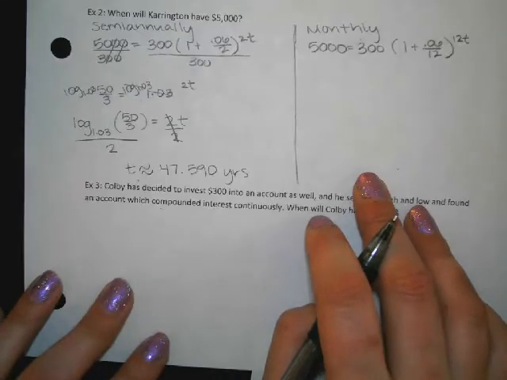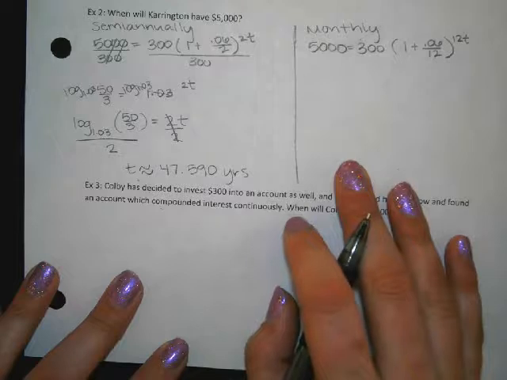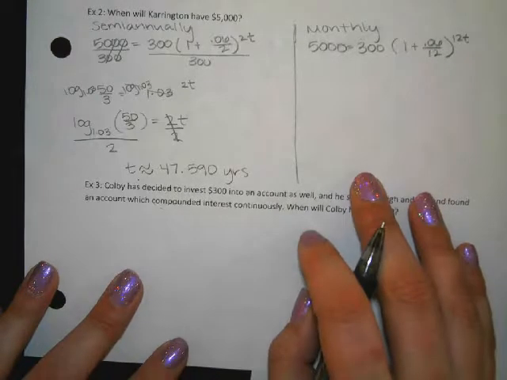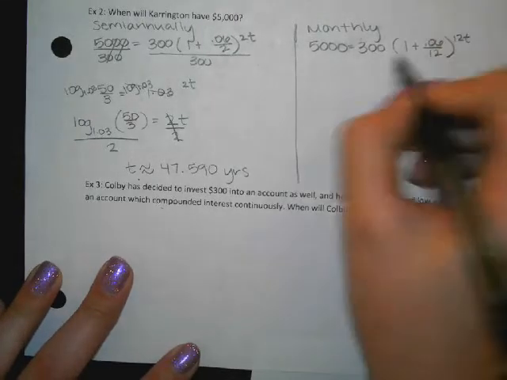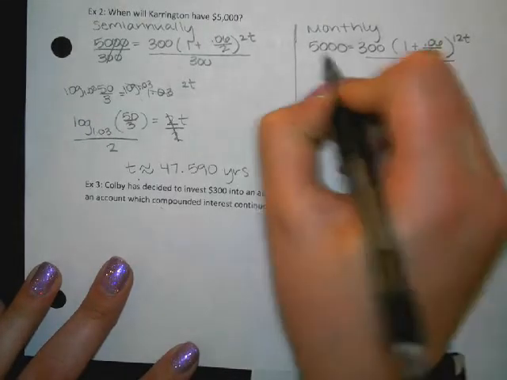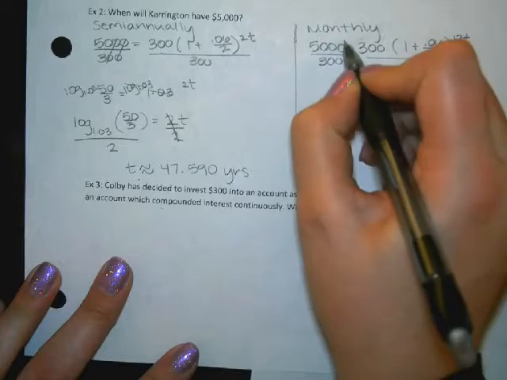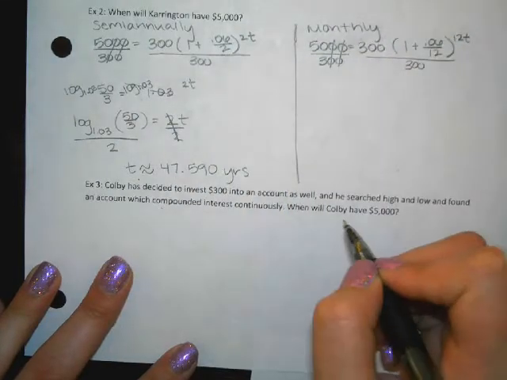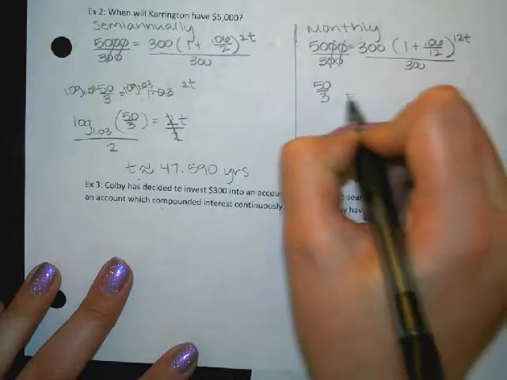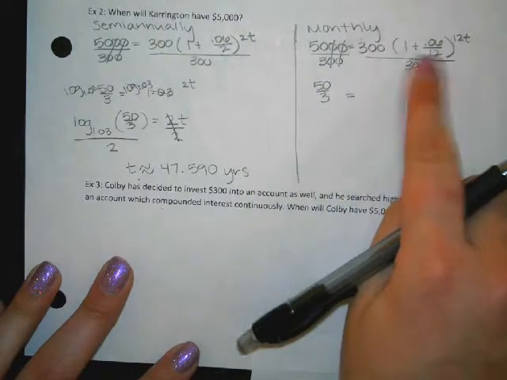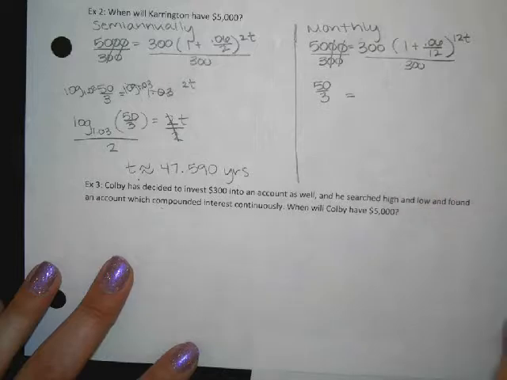Okay, so we are going to go through the next example problem, and we're going to do it exactly the same process. Okay, so what should I do first? Divide by 300. Divide by 10. So we have 50 over 3 equals, can we simplify the inside of the parentheses?